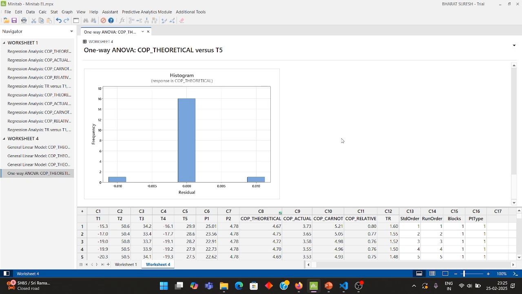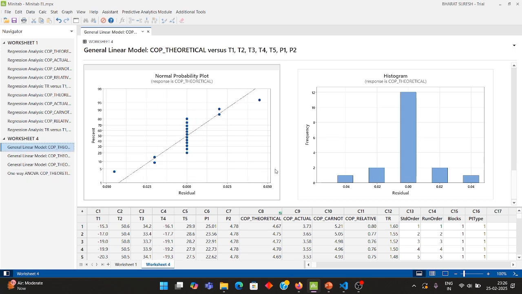The TR is given by m dot H1 minus H4 divided by 14,000. These have been plotted using the TS graph and the pH graph for an R134A refrigerant, based on which we have obtained these values, and based on which we have performed a regression analysis and ANOVA model, as well as ANOVA model for one way as well as for two ways also, based on which graphs have also been plotted.